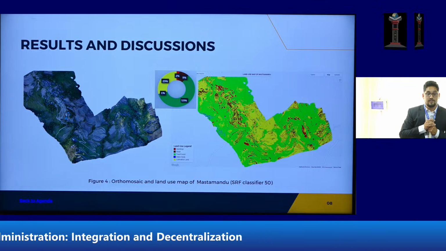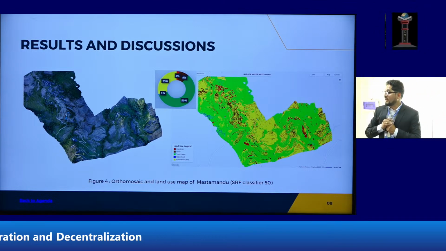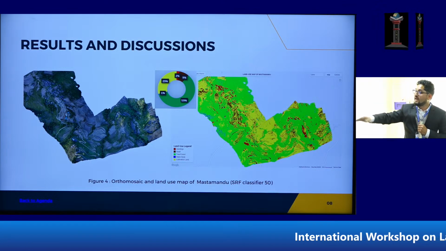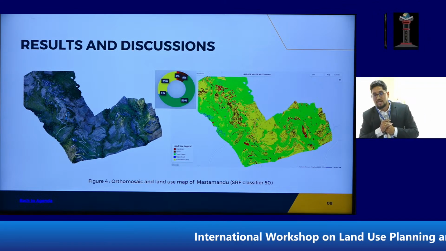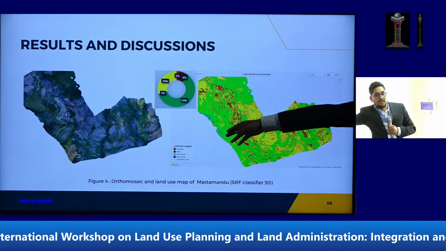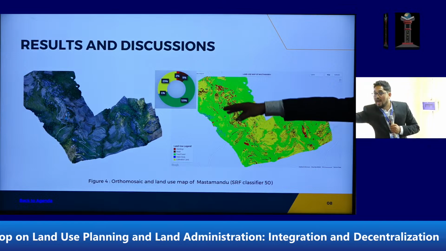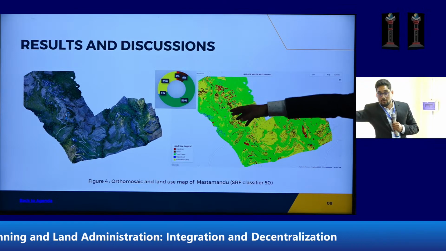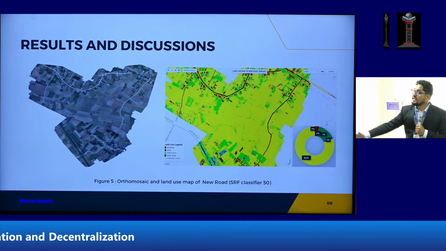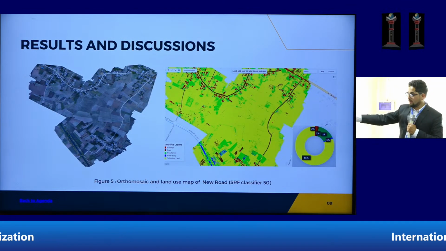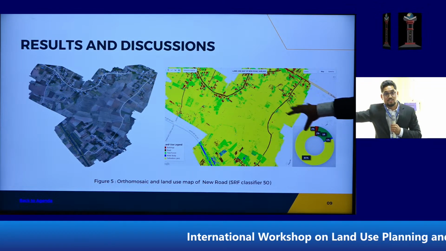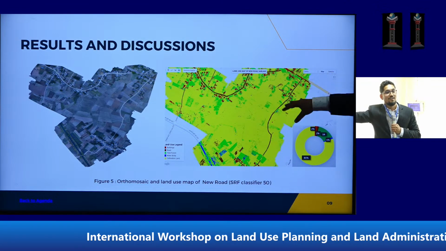And here is the land cover map for the hilly region, Mastamandu. You can see the percentage: 59% is vegetation, and you can validate it with the orthomosaic, the green one, and there you can see the agriculture land and so on. And here is a sample of the Tarai region, and you can see the major portion is agriculture land, and it is really feeding us.